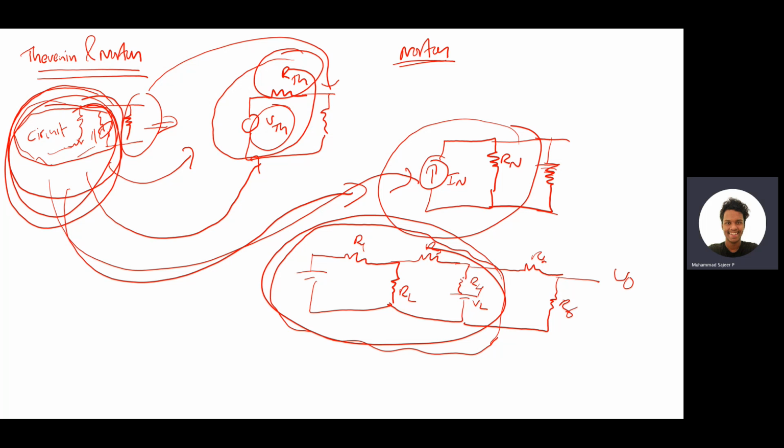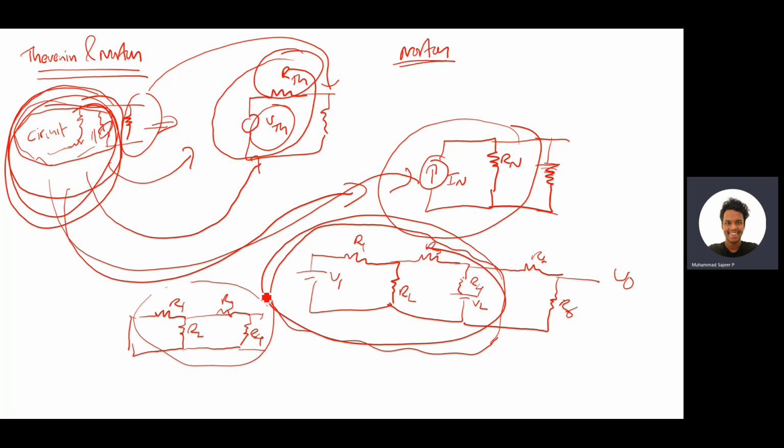What we'll do is just remove all the voltage sources. So we will write R1 here, and we remove the V1 we had here, and we have R2, then R3, then R4.